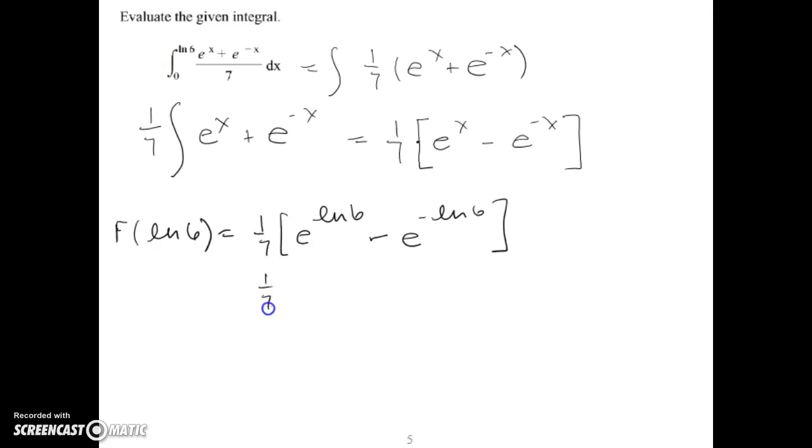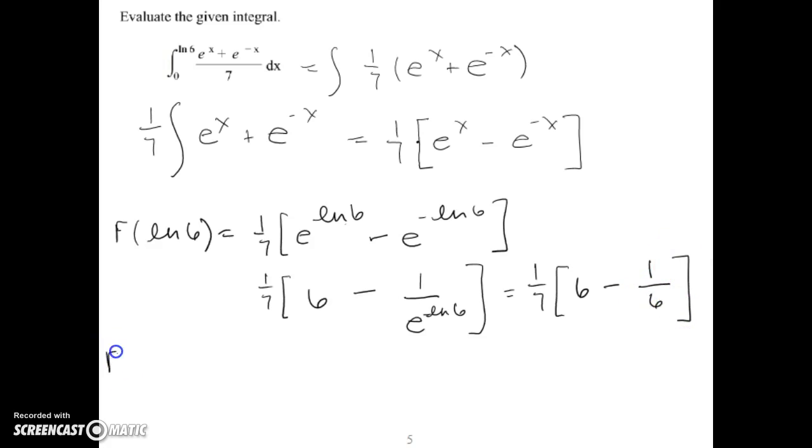So that's going to be 1/7 times, remember when you have e raised to a power of a log with the same base, and remember natural log is log base e, these match, so your answer is just what you're taking the natural log of, so this is going to be 6 minus, since there's a negative exponent here, we have to look at this as 1 over e to the natural log 6. So we can simplify this to be 1/7 times 6 minus 1 over 6.